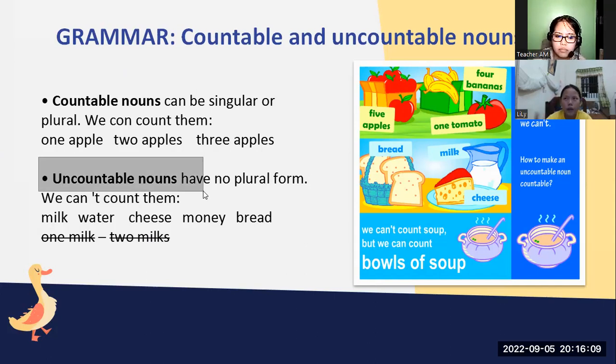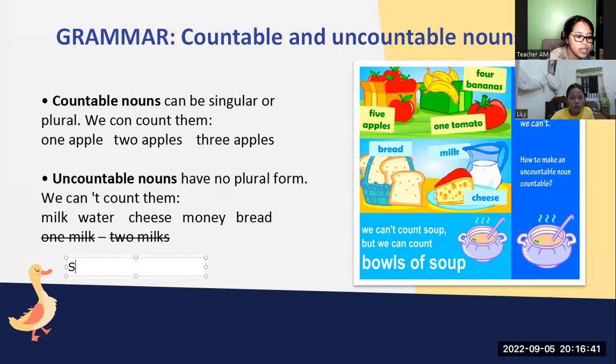No, no, no. When you say singular, look at this one. When you say singular, that means only one.